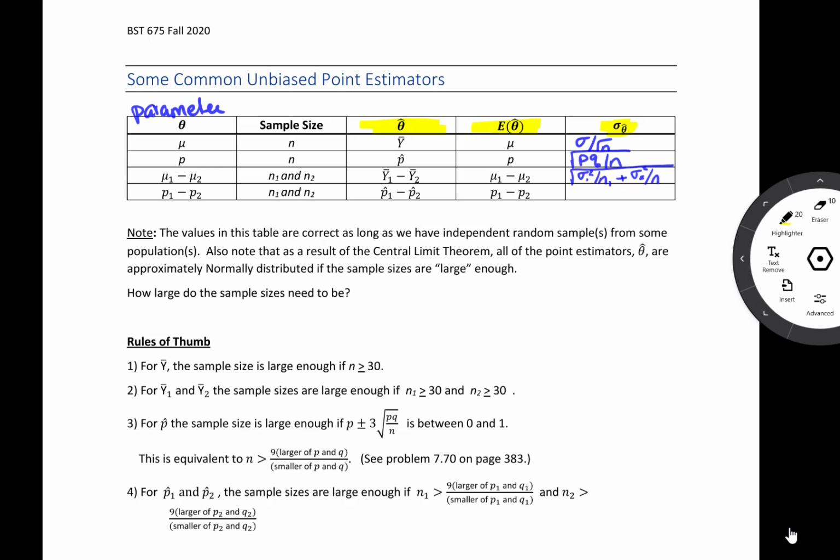Now one thing here is we do have to assume that those two samples are independent from one another. And then something very similar if we look at the difference in proportions. We have p1 times q1 divided by n plus p2 times q2 divided by n and the square root. And since the spacing here is pretty small, I'm going to add these in to the PDF that you have.